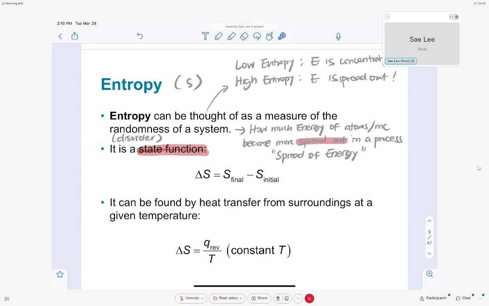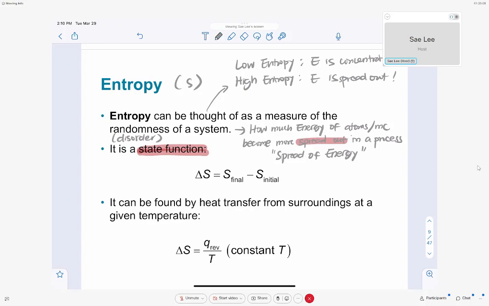That means entropy doesn't depend on the path that the system took to reach its current state. What matters is the entropy in the initial state and final state. So how it reached the final state doesn't really matter. Okay, so the change in entropy can be found by taking the final entropy minus initial entropy.